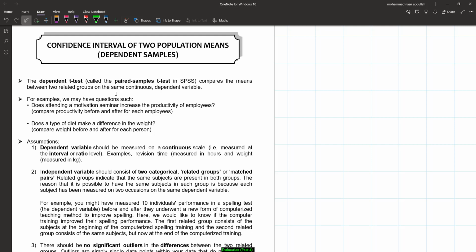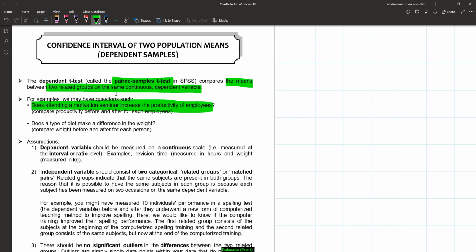Right? Can you understand? So the dependent sample, also known as the paired sample t-test in SPSS, compares the means between two related groups on the same continuous dependent variable. For example, does attending a motivation seminar increase the productivity of employees?